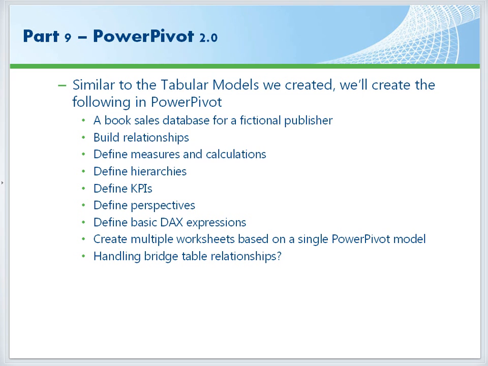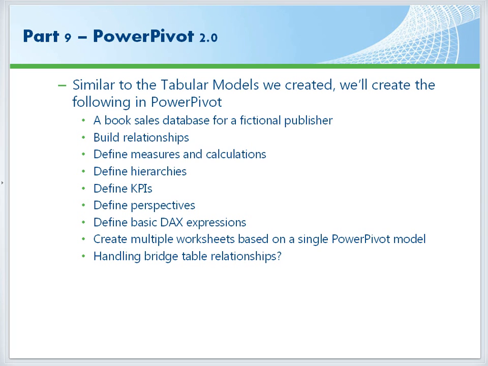DAX is the programming language that we can use inside of PowerPivot. I'm going to create multiple worksheets based upon a single PowerPivot model. We're also going to look at bridge table relationships, where the built-in relationship capabilities in PowerPivot work fine, and where we need to write a little bit of code to make things happen.